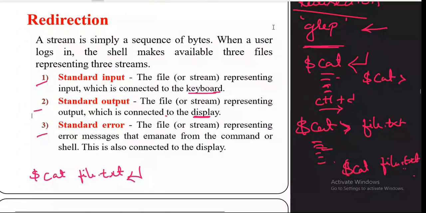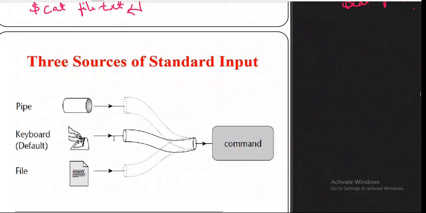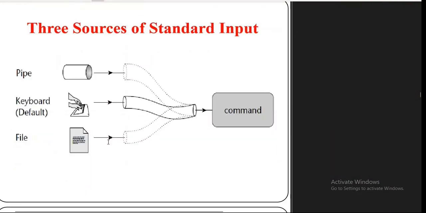So what are the redirection operators? Redirection of streams: one is standard input, standard output, and standard error. We'll start with standard input. One is the pipe. We use the pipe for getting data into the command. You can observe that for this command you are getting the data from the pipe.